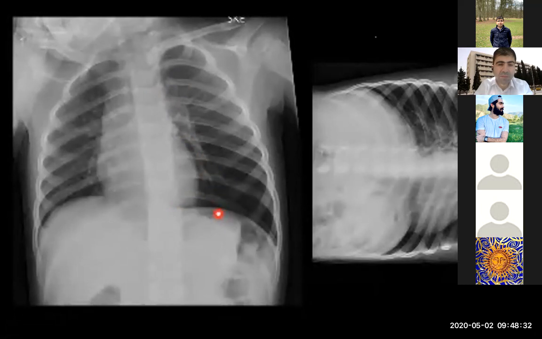Normal diaphragm. Normal right and left hemidiaphragm. Okay. E for effusion. Any effusion? No. Okay. And F for lung fields.